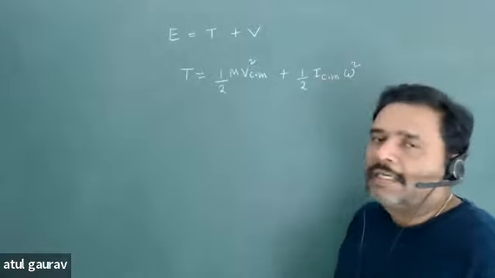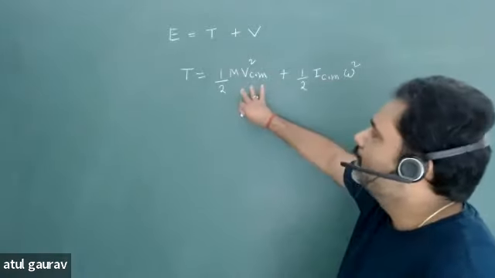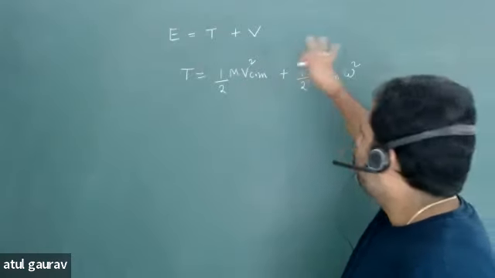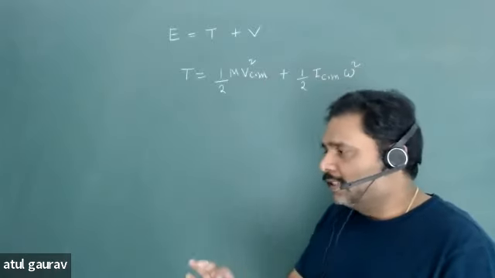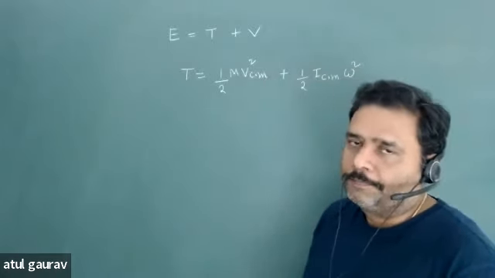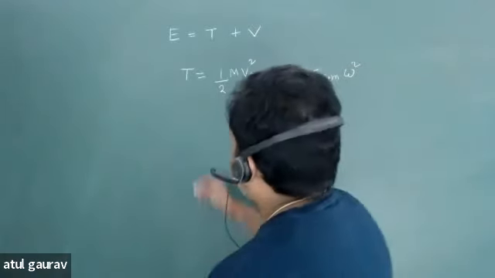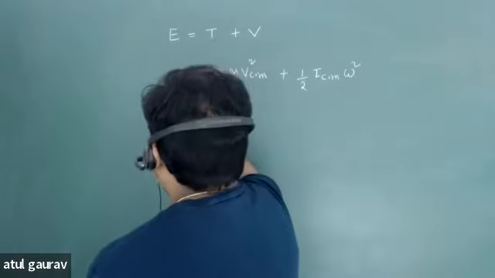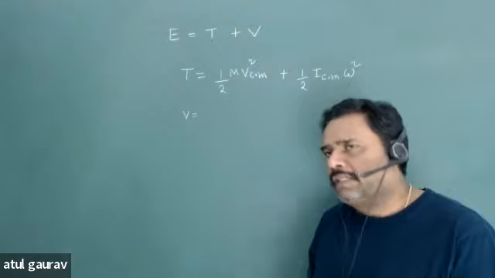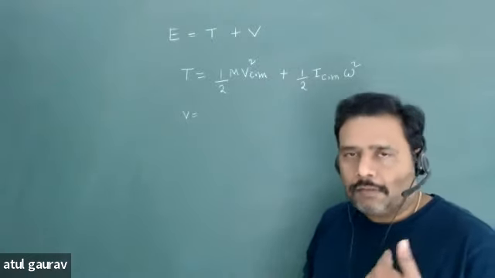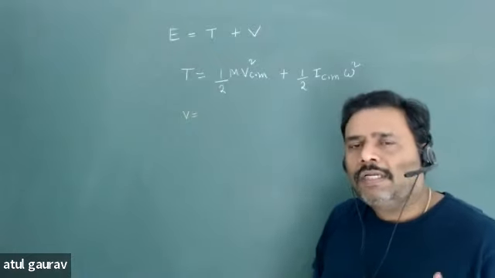Here we are not concerned about which point it is going to rotate about or something else. We have translation kinetic energy of center of mass, plus we have rotational kinetic energy about center of mass. We will just use this particular expression. And the potential energy part is all about, in general, we will just use here gravitation. If gravitation is not there, then you can go for all other potential energy, such as a spring mass system.